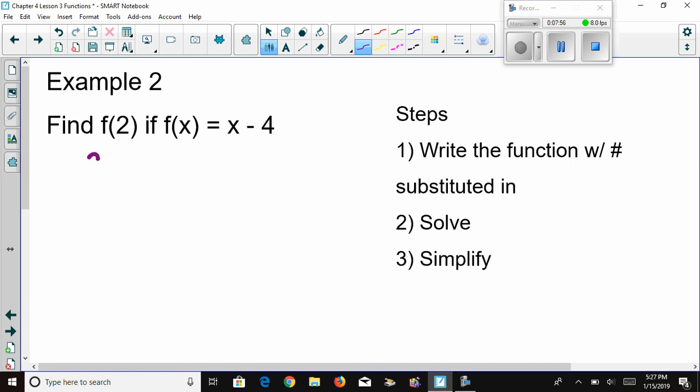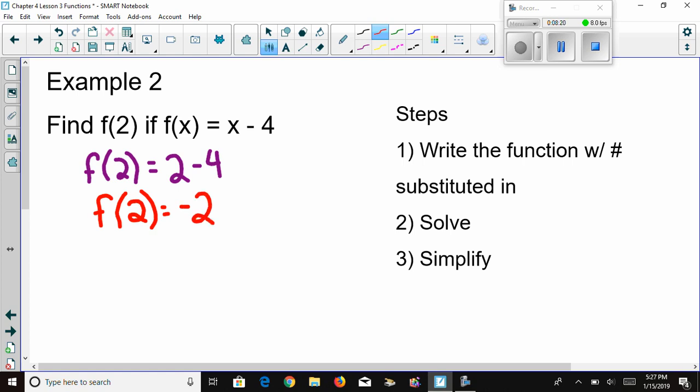I'm going to say f of 2, so the function at 2 equals, instead of x, I'm going to substitute it for 2, minus 4. And now I just need to go ahead and simplify and solve what I can. So f of 2 equals -2. All we are doing is taking what we have and plugging it in.